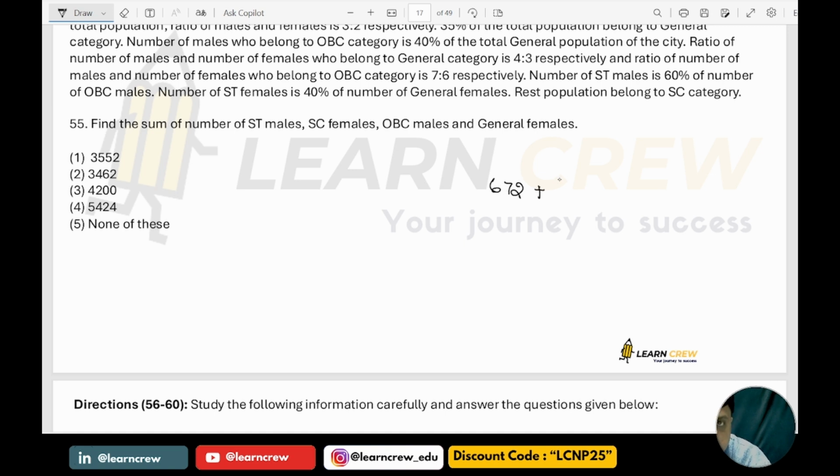SC females are 560. And OBC males. OBC males are 1120. General females is 1200. If you add all these things, how much are you going to get? It is 3552. So answer is the first one.